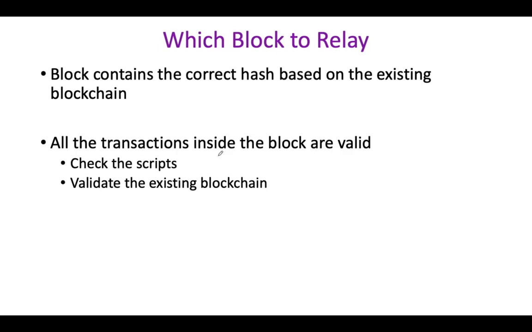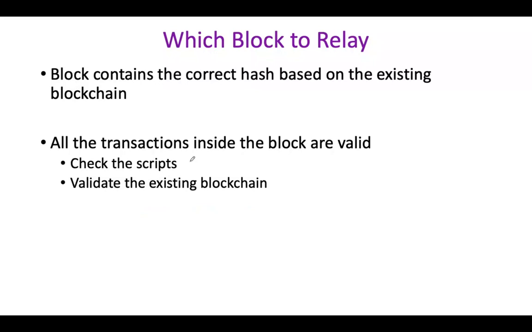All the transactions inside the block must be valid. Then it will be relayed, and it checks the scripts to see whether they are valid or not. The script check means the script signature code will be executed to check whether all the transactions are valid, and then validate against the existing blockchain.